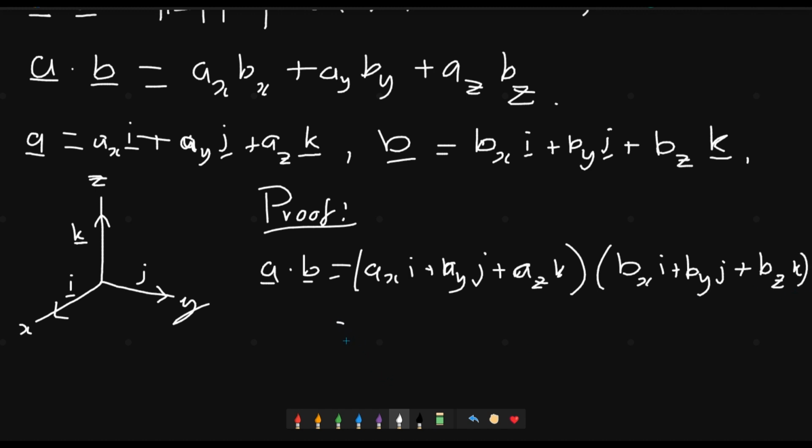Now we can multiply this out and we get AX BX times I. We're actually going to put the unit vectors in the front.